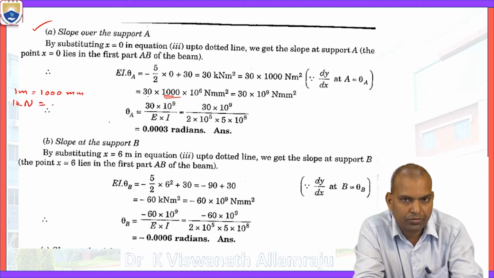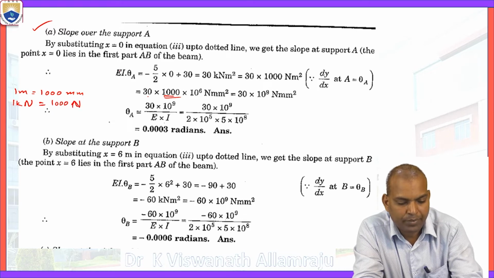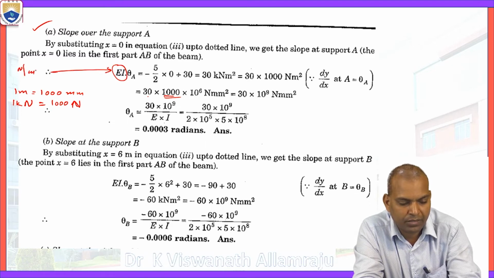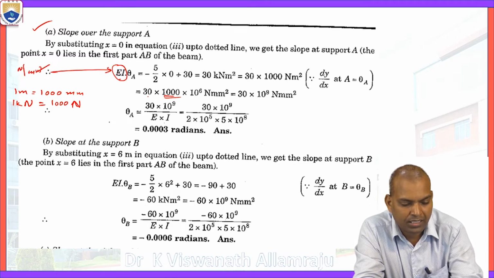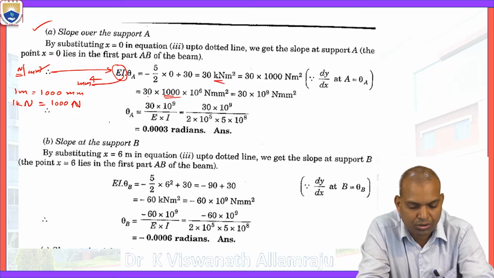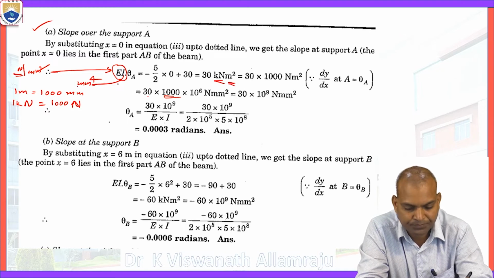Because E and I are in the units of newton per square millimeter and millimeter to the power 4, to maintain dimensional homogeneity we have converted kilonewtons and meters into newtons and millimeters.